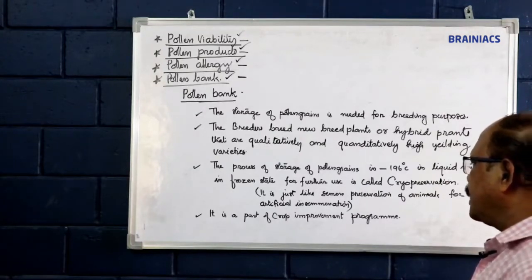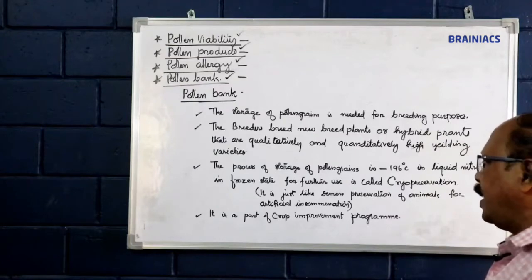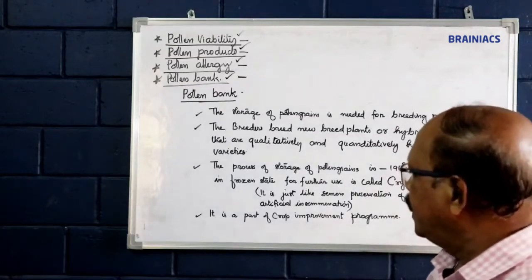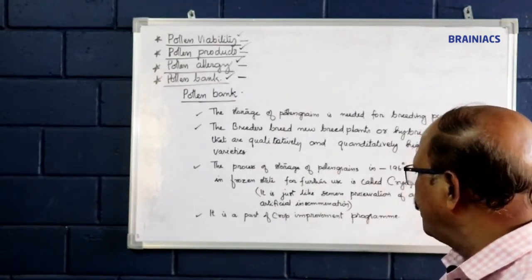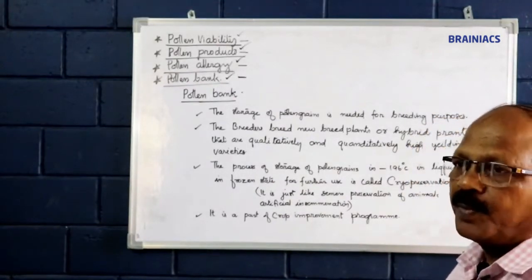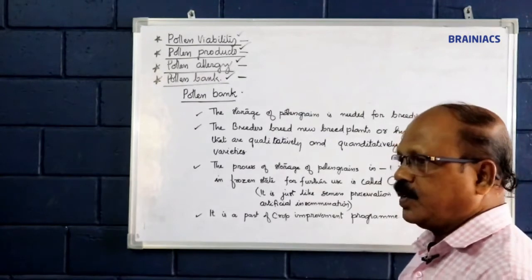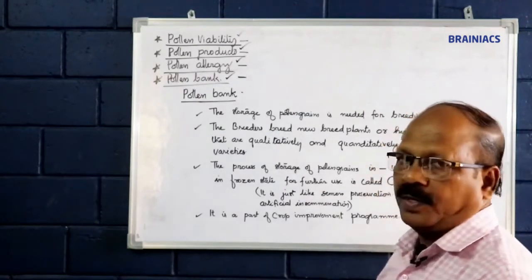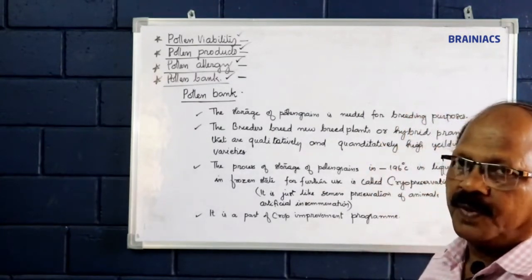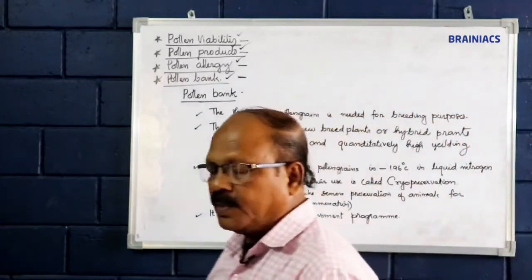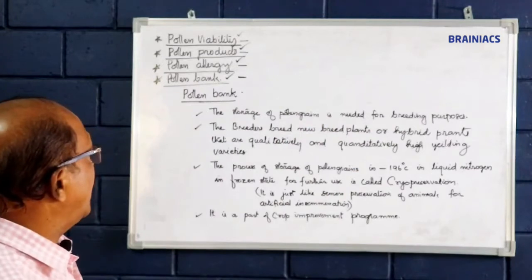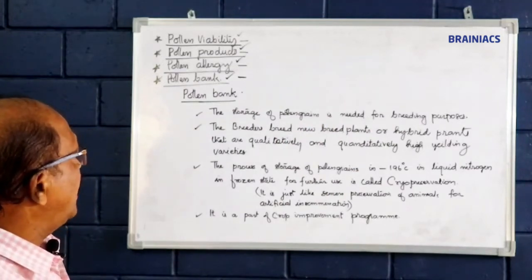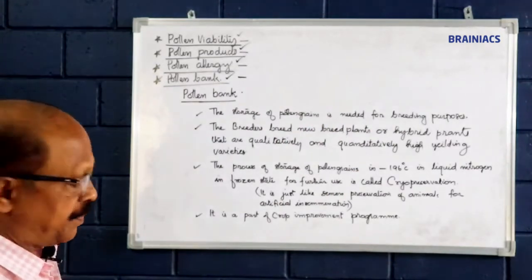It is just like the semen preservation of animals for artificial insemination. The pollen bank process is a part of the crop improvement program. Better pollen grains will be stored for future purposes. Okay, and so that's about pollen viability, pollen products, pollen allergy, pollen bank.